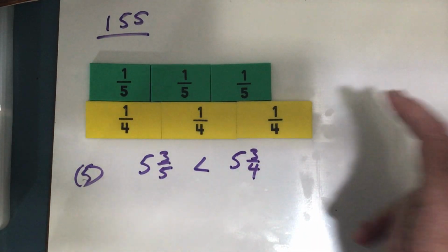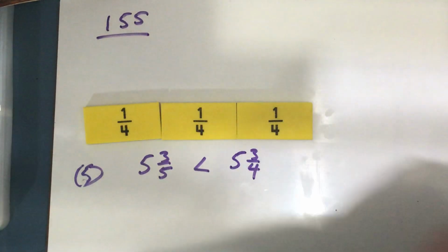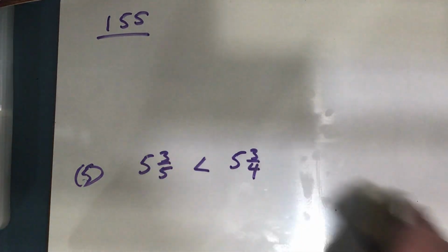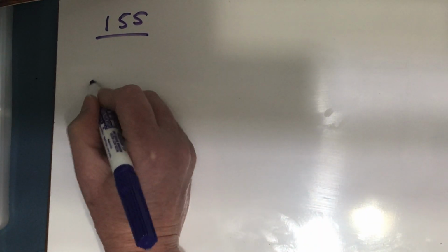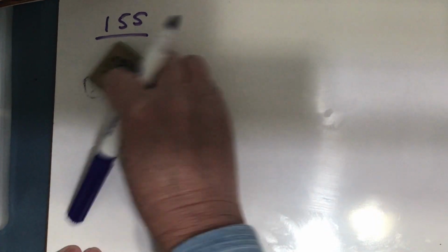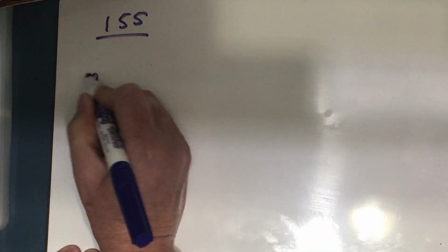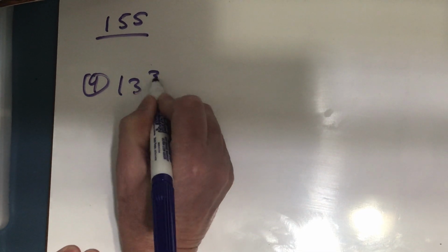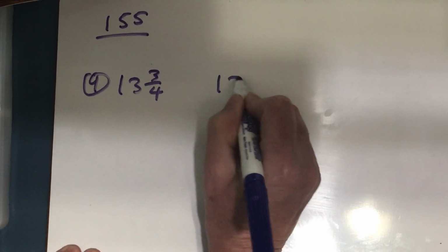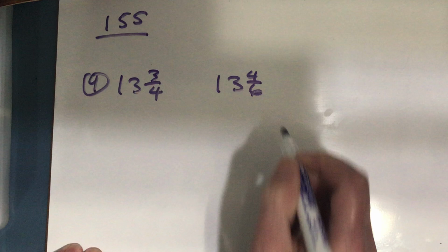Now let's look at number 9. On number 9, I also have mixed numbers where the whole numbers are the same. The whole number is 13. On number 9, it's 13 3/4 compared to 13 4/6.